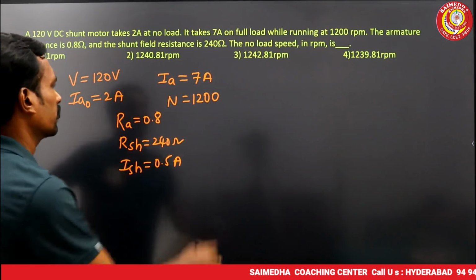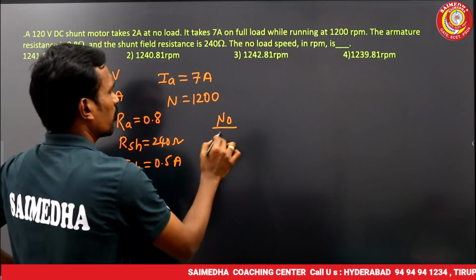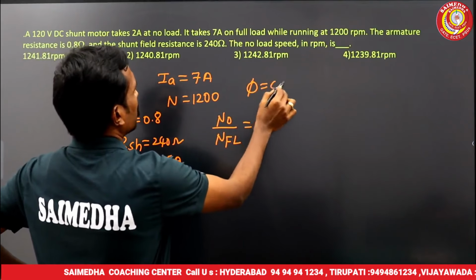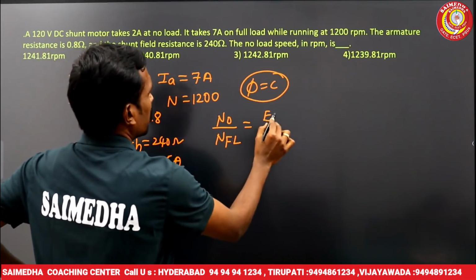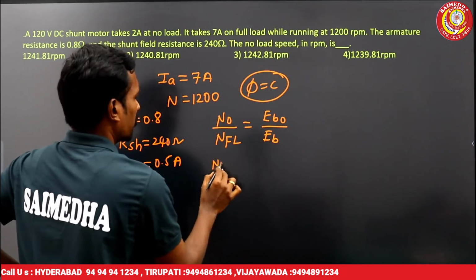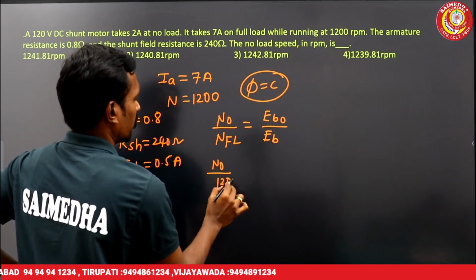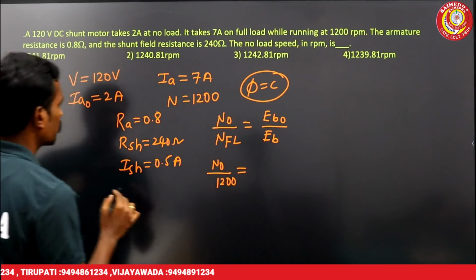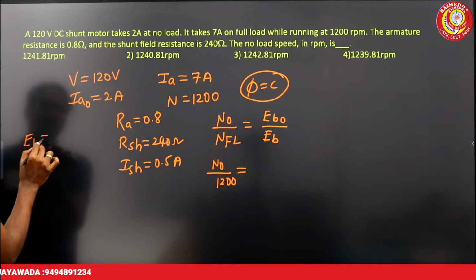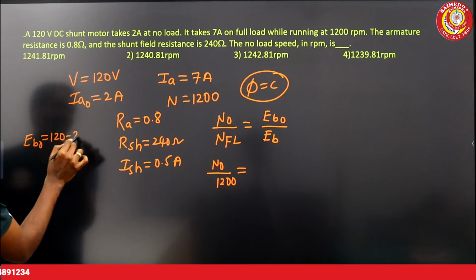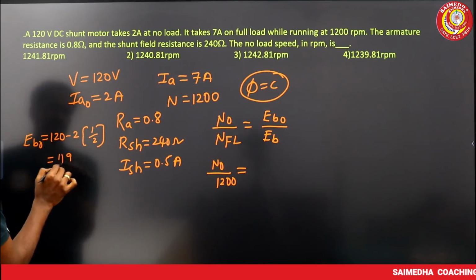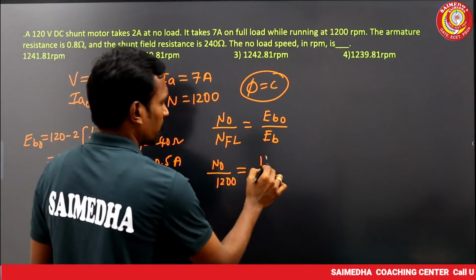The ratio of no load speed to full load speed, where the flux is constant, is EB naught by EB. No load speed I don't know, full load speed is 1200. What is EB naught? EB naught is V minus IA into RA, which is 119.